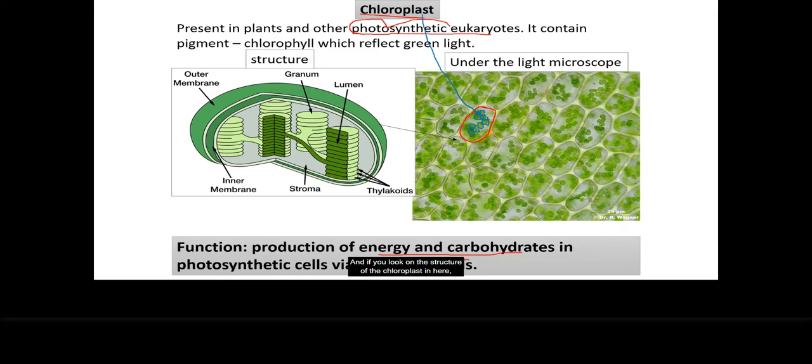And if we look at the structure of the chloroplast in here, we will see that it is again an oval organelle, and it has a membrane outside, but it also will have membrane which is organized in these stacks and connected with each other.